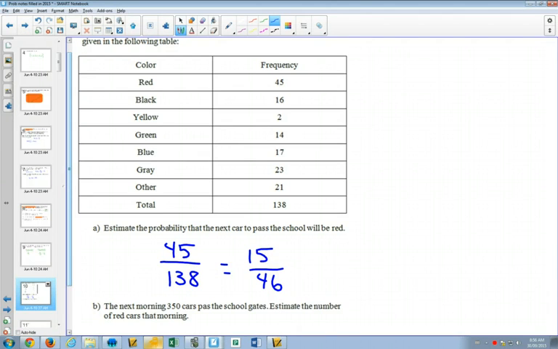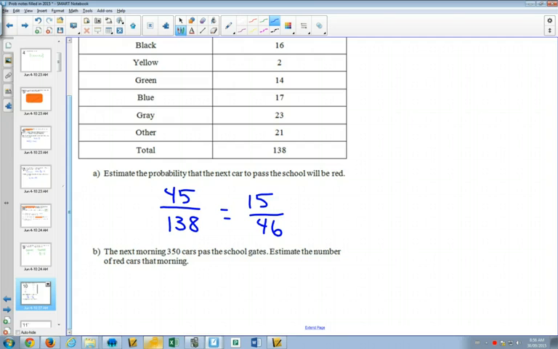And then if 350 cars pass and we feel confident in this number, we could say, well, it's going to be this fraction, 15 out of 46, because that's our probability. Out of the 350, when we multiply this, we get 15 divided by 46 times 350, 114.1.